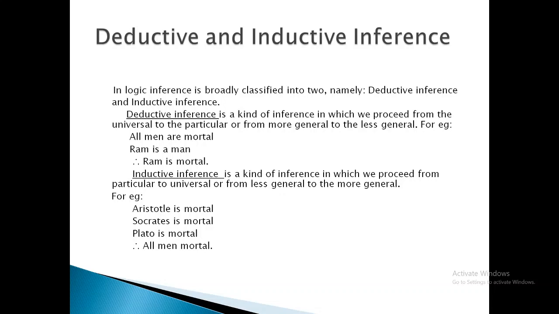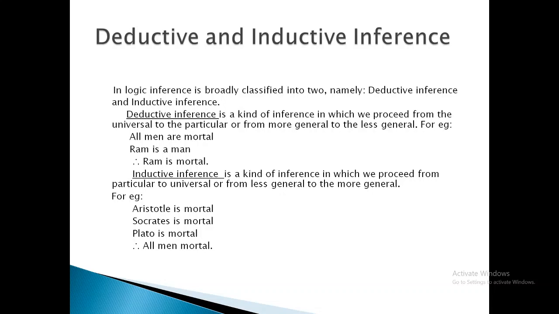Okay? Now in logic, inference is broadly classified into two: deductive inference and inductive inference. I repeat, inference is broadly classified into two: deductive inference and inductive inference.